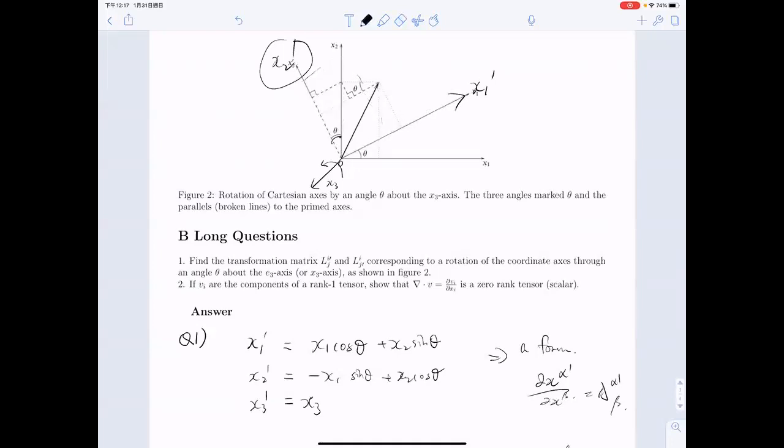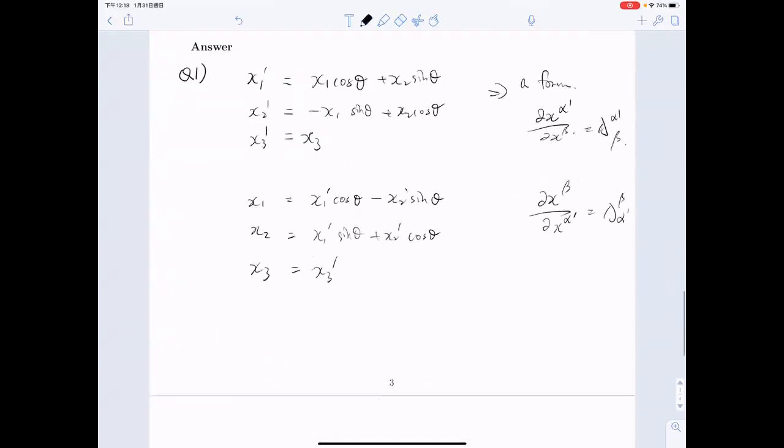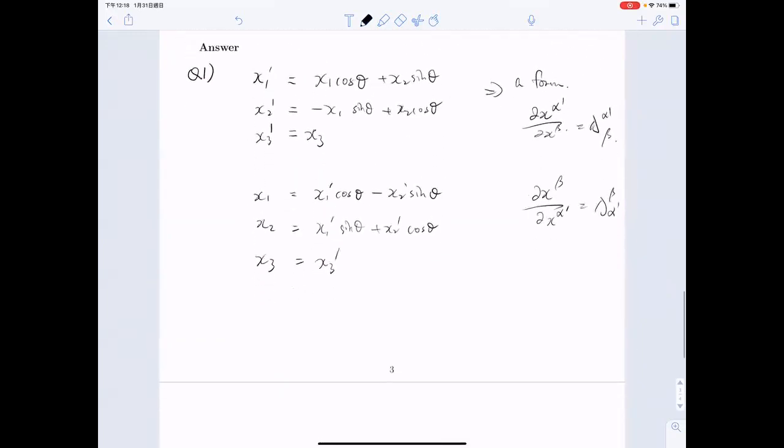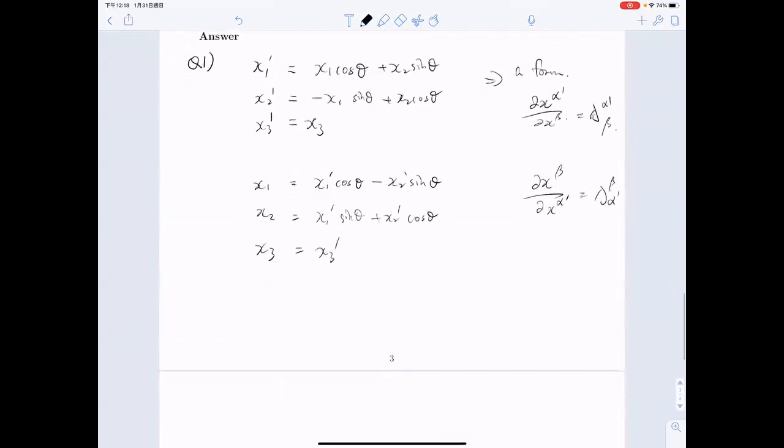Maybe I write a little bit messy, and you can try this simple mathematics on your own. And then we know that we can obtain such a coordinate transformation matrix, right? For x1 prime, x2 prime, x3 prime, the coordinate transformation matrix is 0, 0, 1, 0, 0, cosine theta, sine theta, minus sine theta, cosine theta.